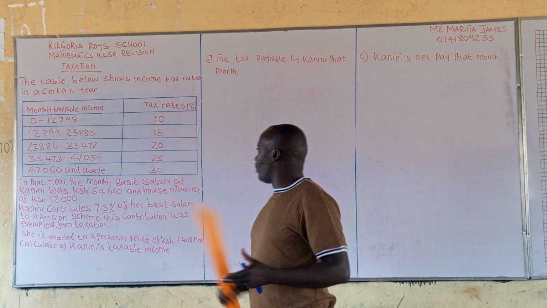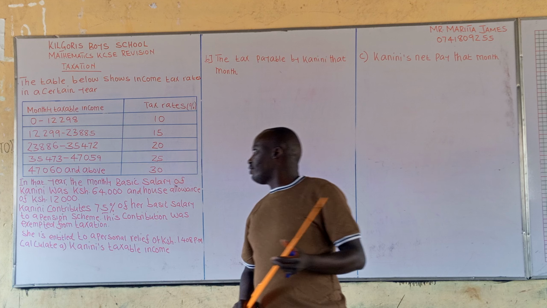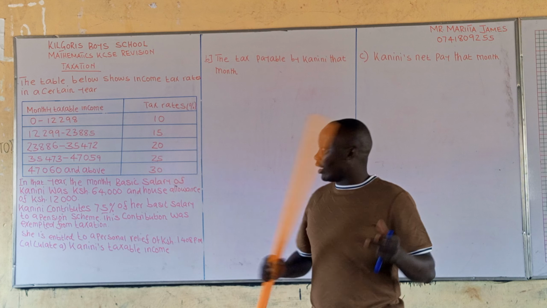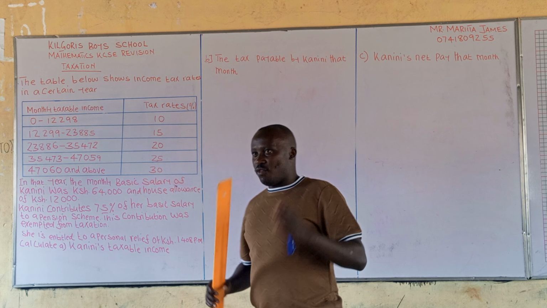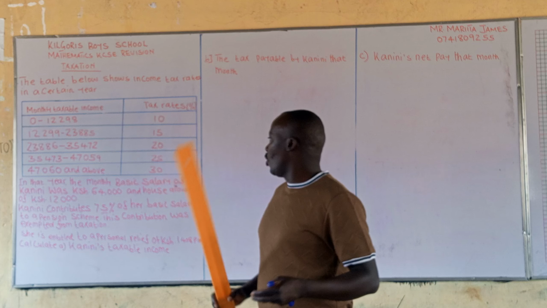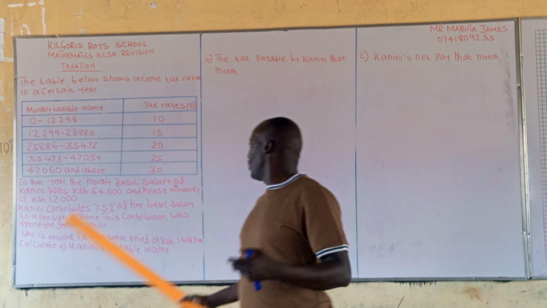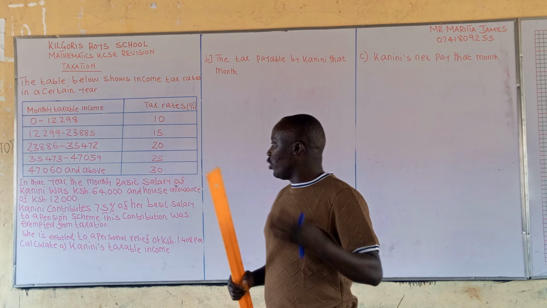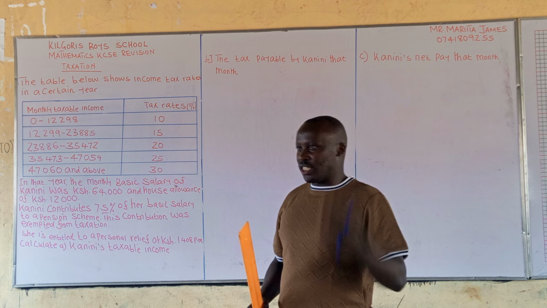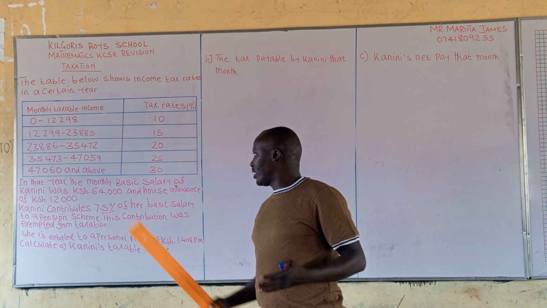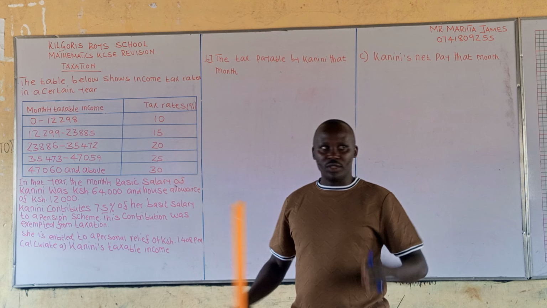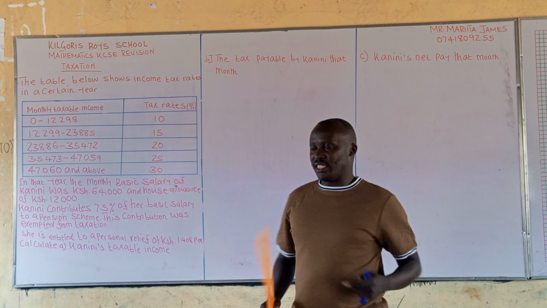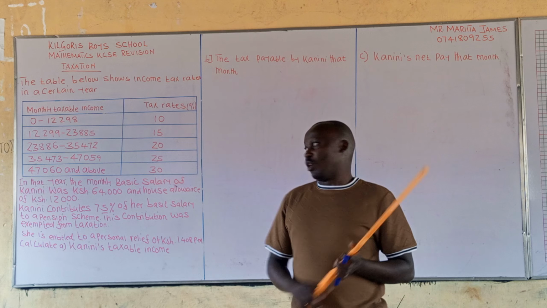The rate is 20%. Then 35,473 to 47,059. The rate is 25%. And any value above 47,060, the rate is just given as 30%.